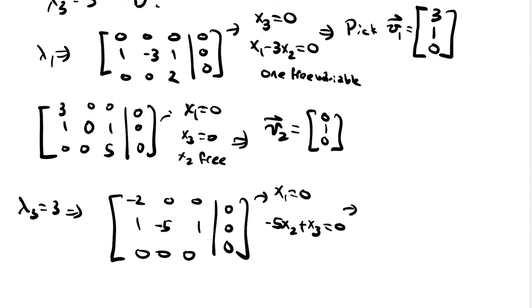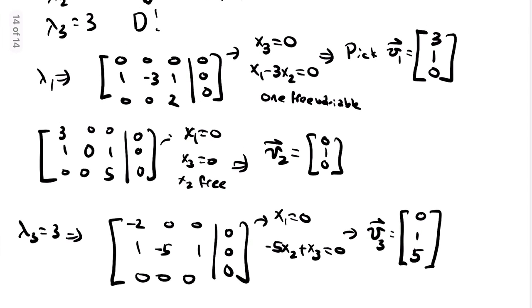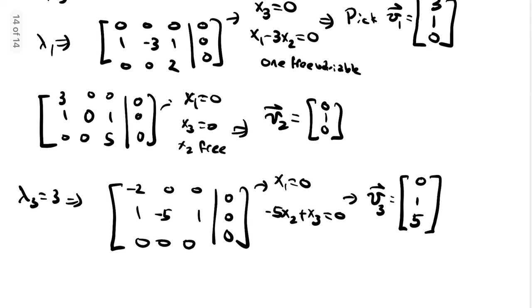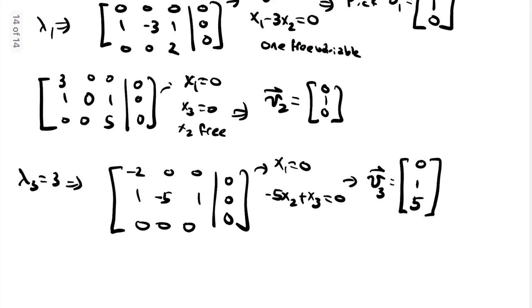So I'm going to take v3 with the first component 0, the second component 1, and I just have to make sure I pick the third component as 5 times the second component.